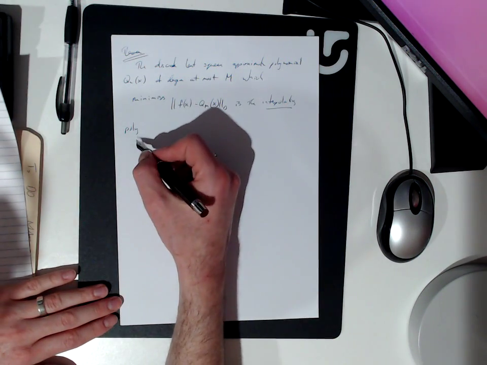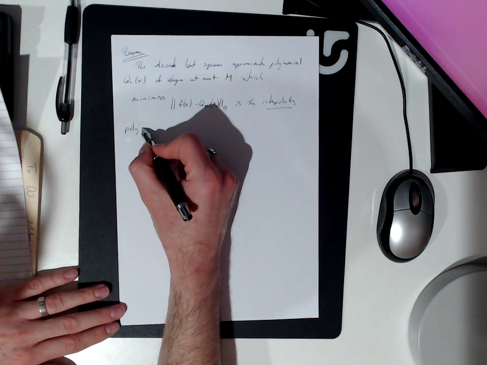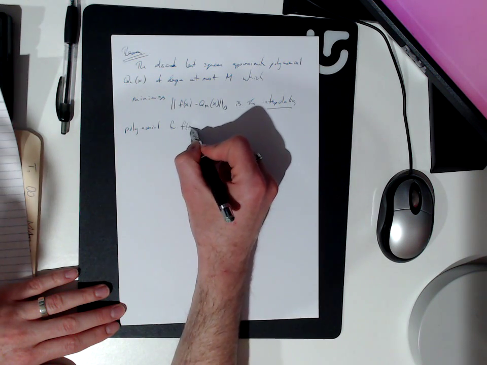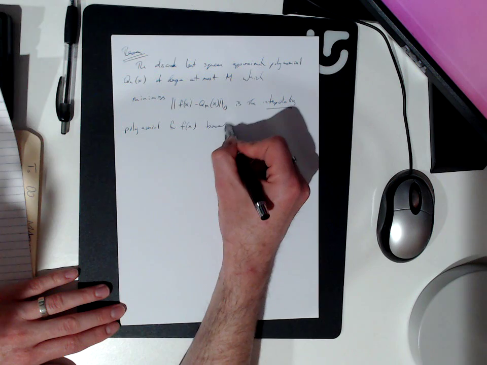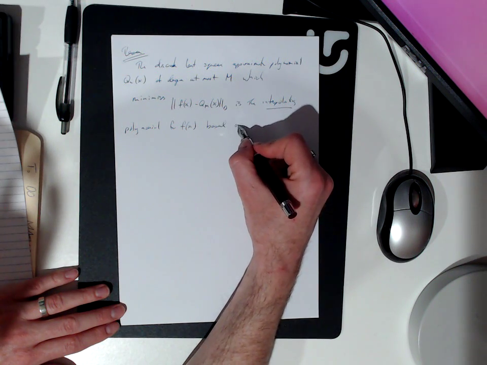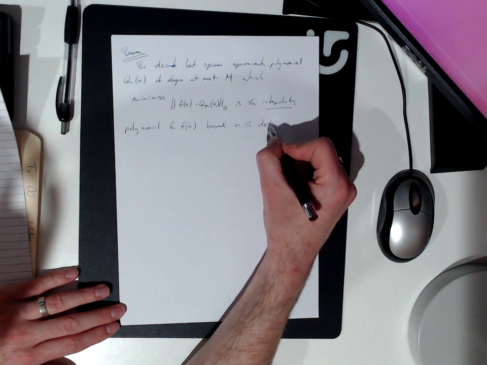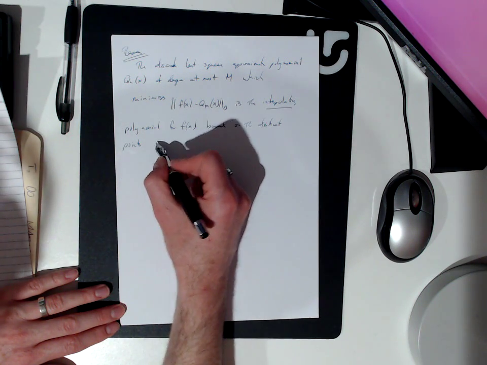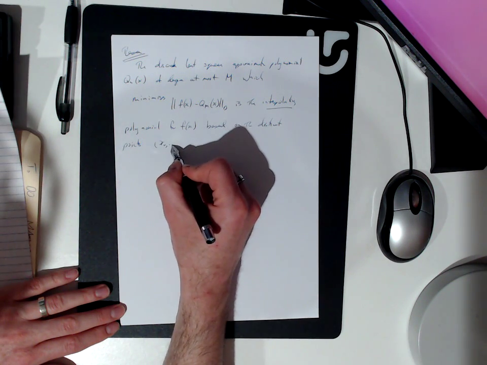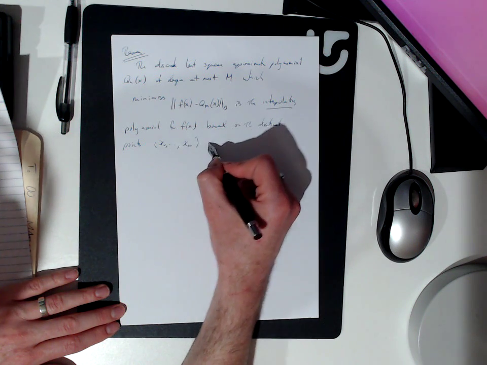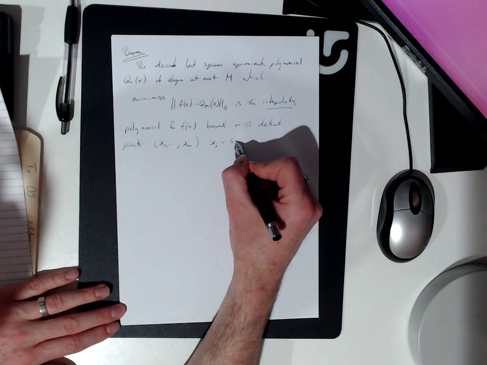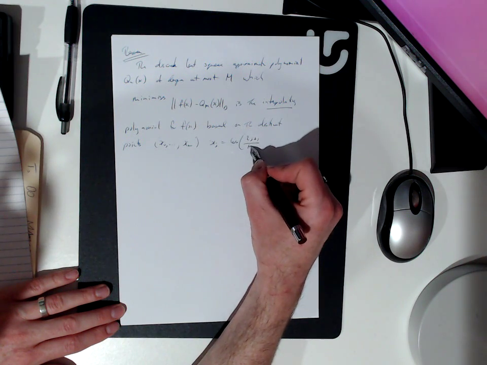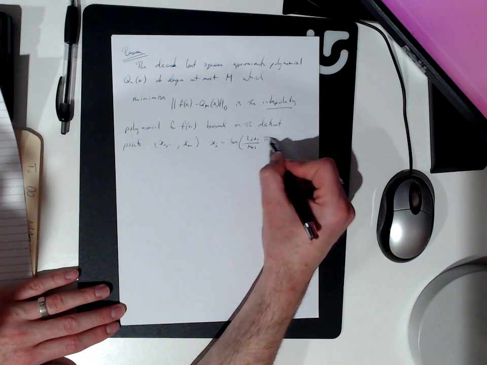So from that point of view, this isn't surprising. But this is talking about which points? So these are the roots of our discrete Chebyshev polynomials.